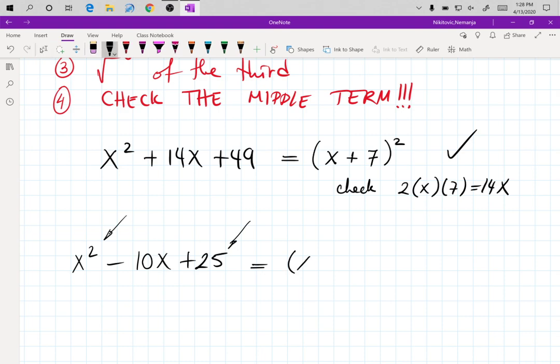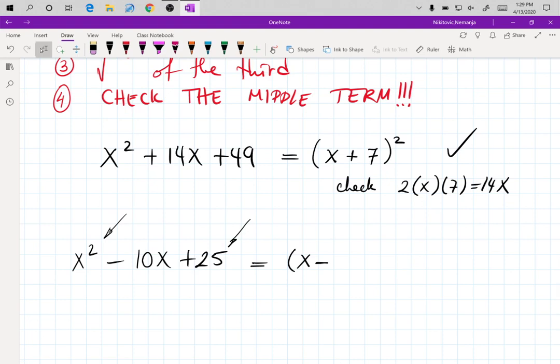So square root of the first, sign of the second, this is the second term, right? Maybe I should add the word term in this one over there. So sign of the second term, and then square root of the third, and we put a square. And now we check the middle term. So I have 2 times x times negative 5, works out to be negative 10x. That checks to be negative 10x, so this is good.